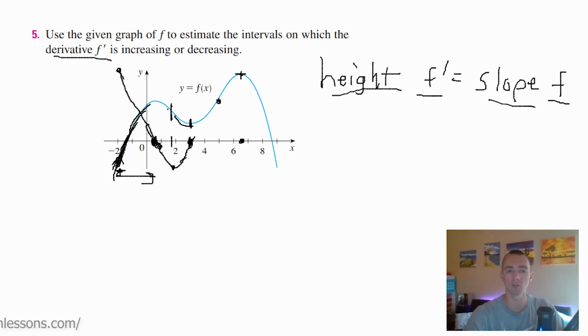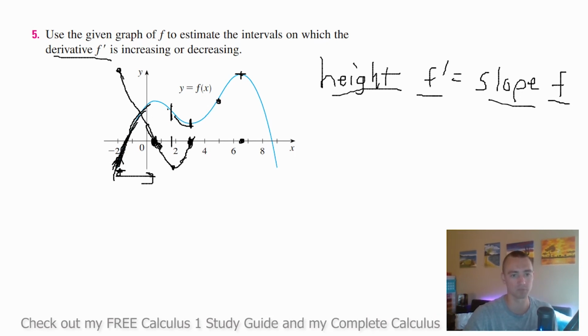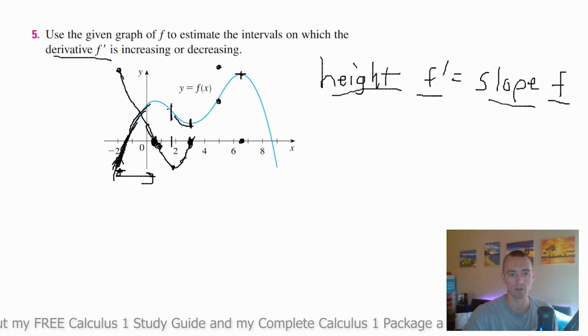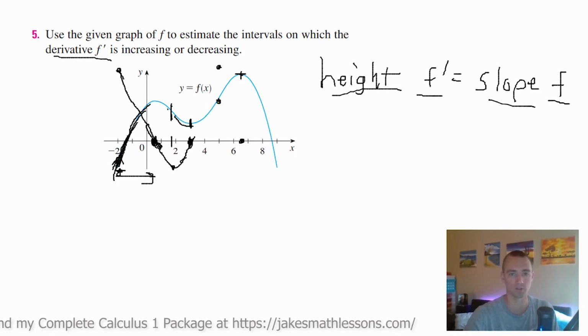So if the slope of f is as steep as possible, f prime is going to have as big of a height as possible at that point. So f prime is going to be pretty high up, and it looks like maybe about as steep as it was here. So probably somewhere up here, we're going to have our y prime with a pretty high positive y value because f has a pretty high positive slope at that point.